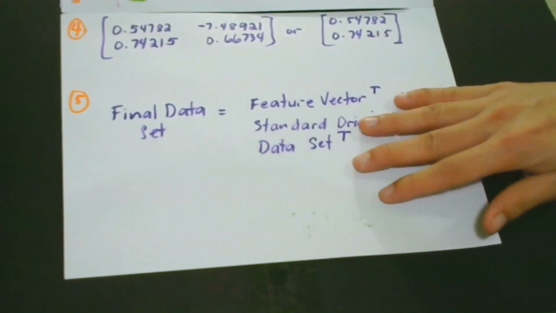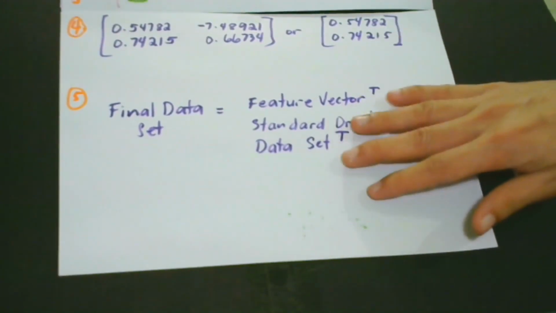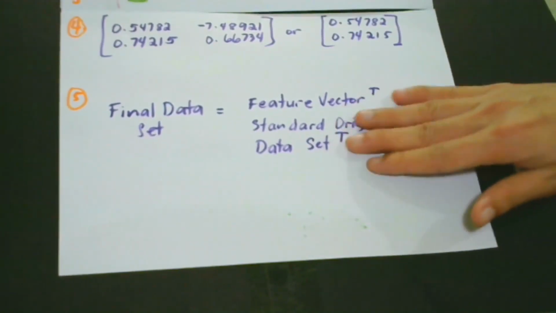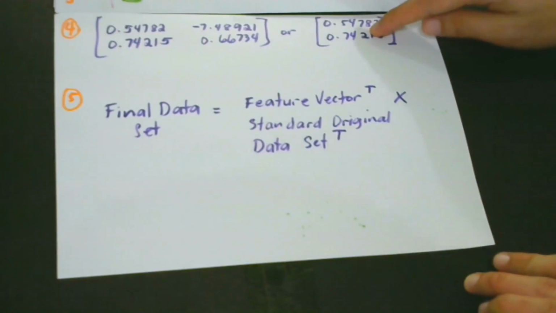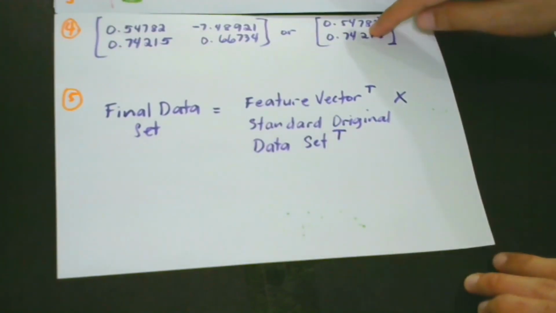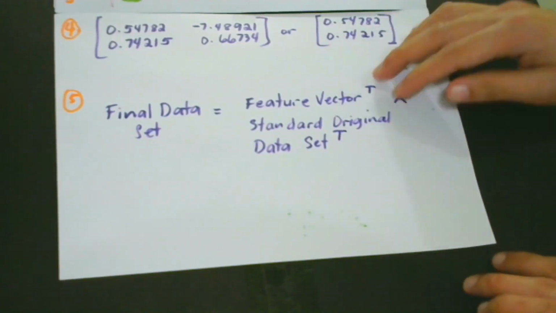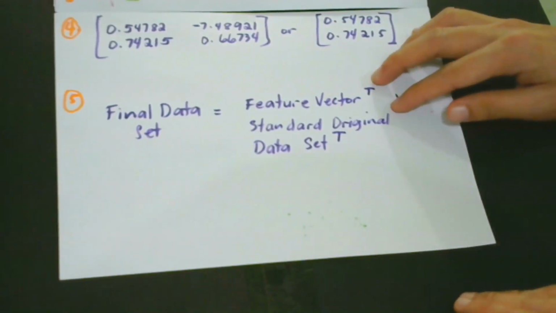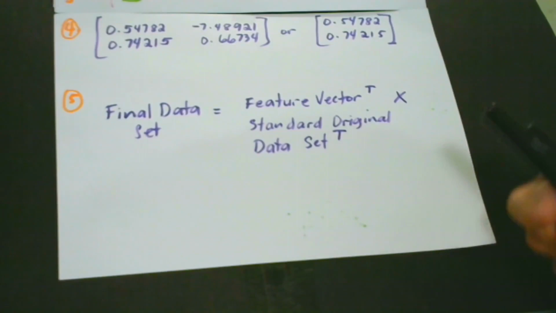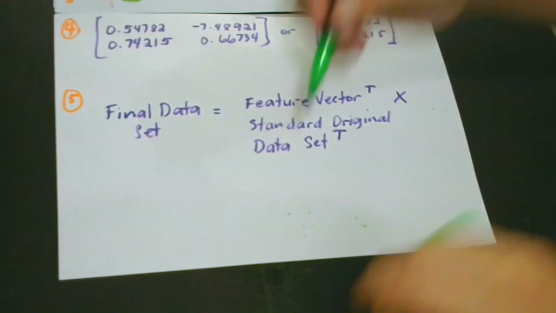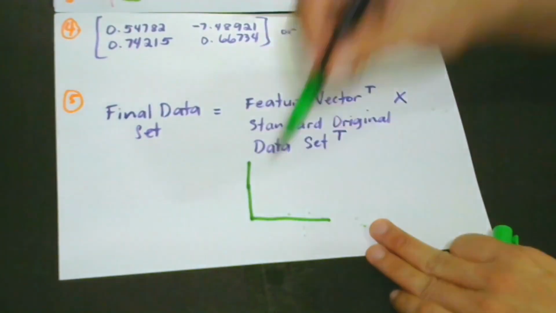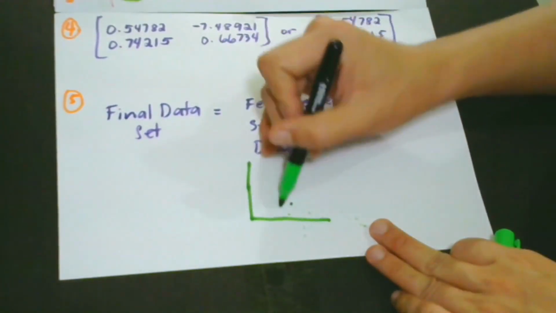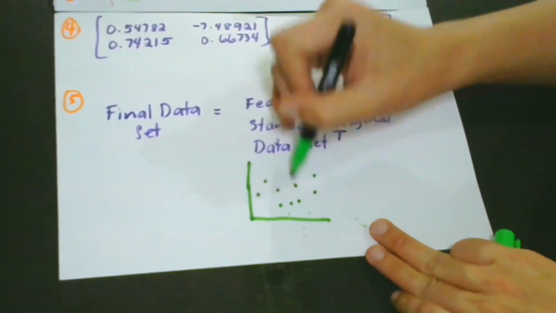In this step, we use the feature vector, depending on our choice, to reorient the axis of the original data. So it's something like, for example, let me draw.